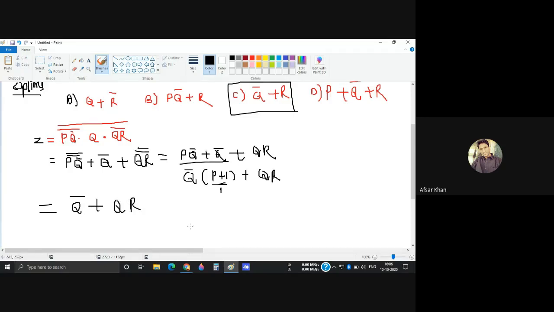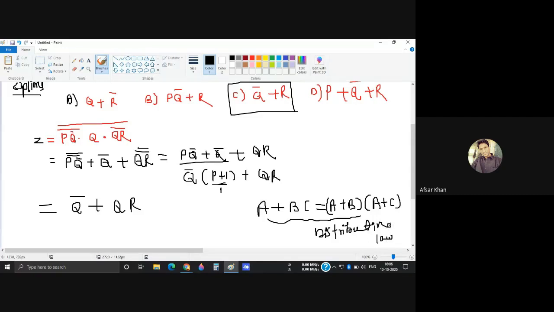Now we know one law, the distributive law. What is the distributive law? A plus BC is equal to A plus B into A plus C. If we use this law here, what will we get?